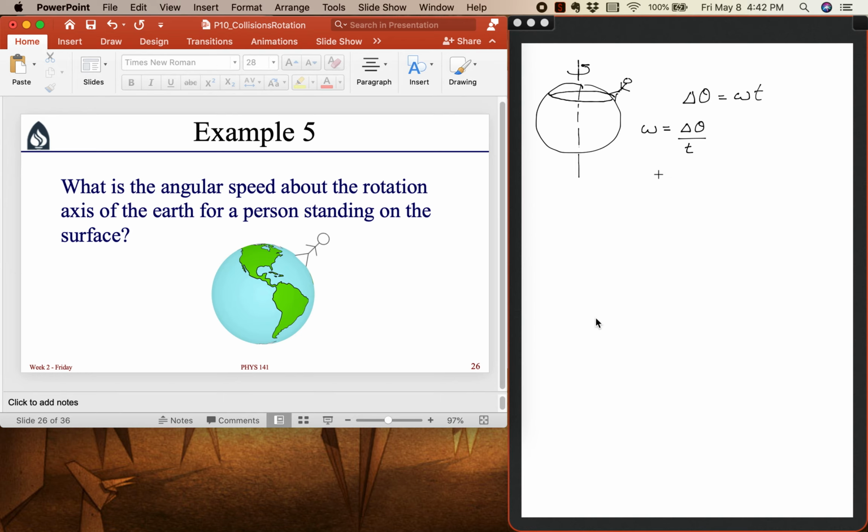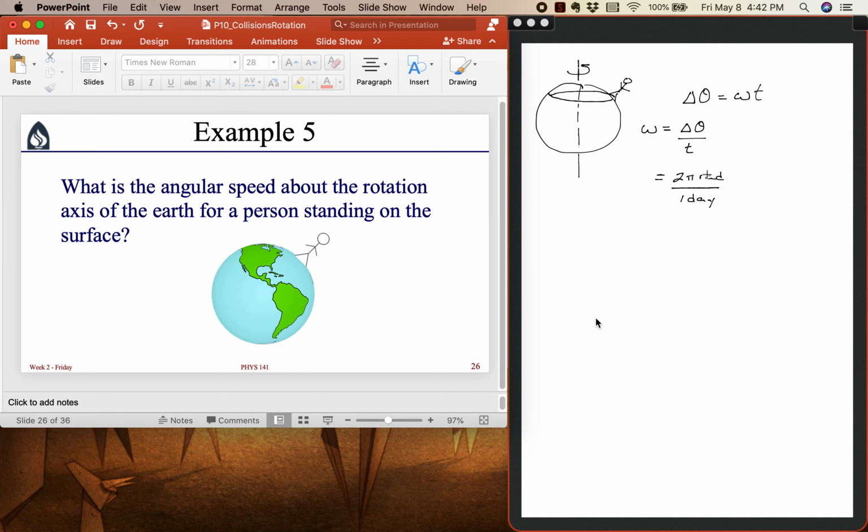So let's think about this person going all the way around once as the Earth rotates. For the Earth to rotate once around completely, that's an equivalent angular distance of 2 pi radians, because if the Earth rotates once, then the person will go through a full 2 pi radians, and that happens in 1 day. 1 day of rotation for the Earth.